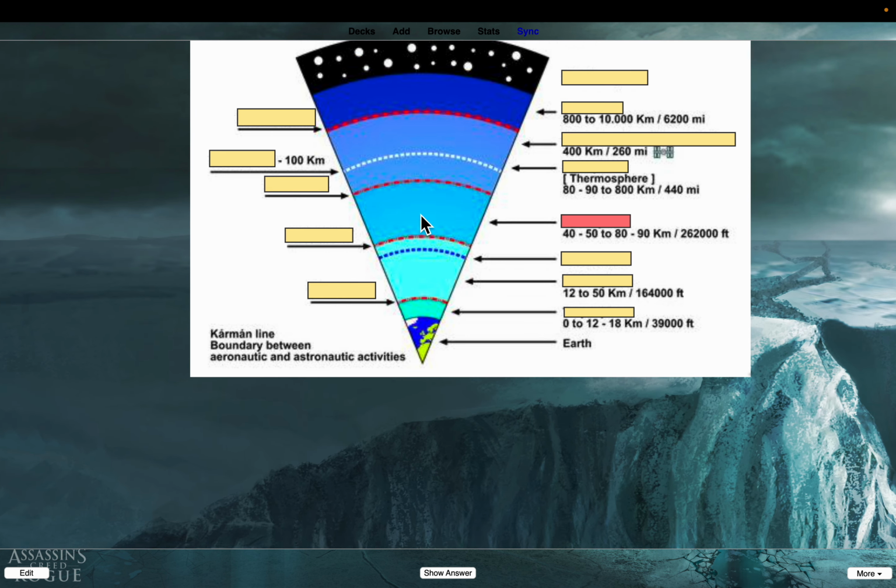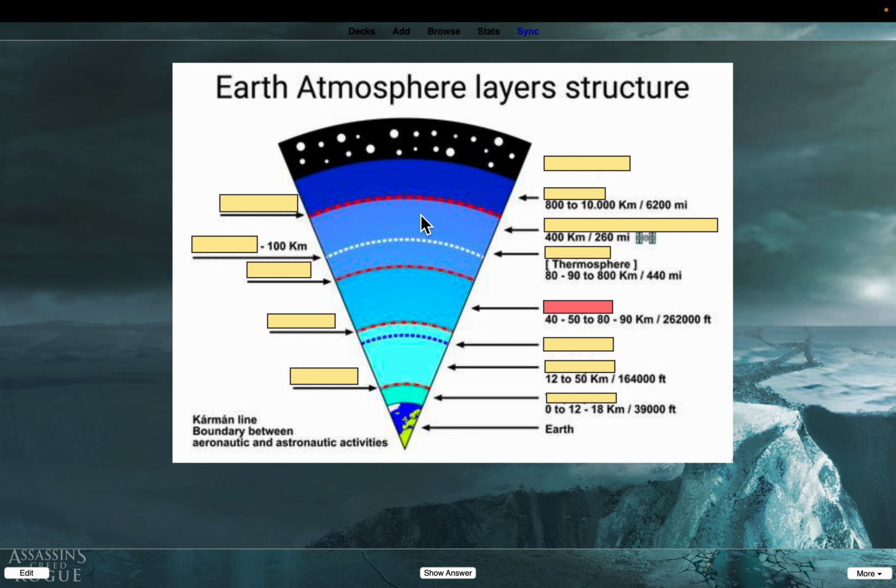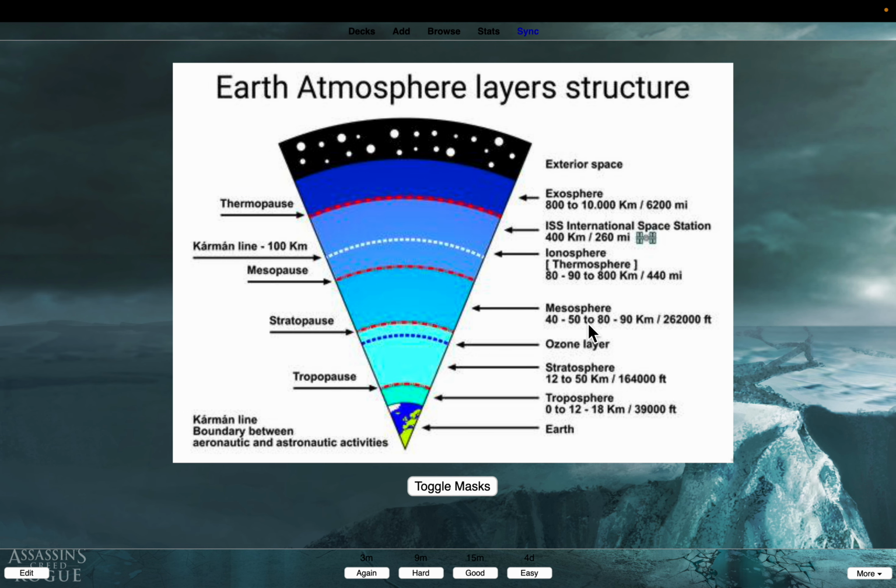Next. So this is the Earth's atmosphere. So yeah, back to what we discussed again. This is the mesosphere. This is the ozone layer. Stratosphere. Technically, the ozone is still part of the stratosphere. The troposphere is closest to Earth's surface, like as in ground. Tropopause, stratopause, mesopause.